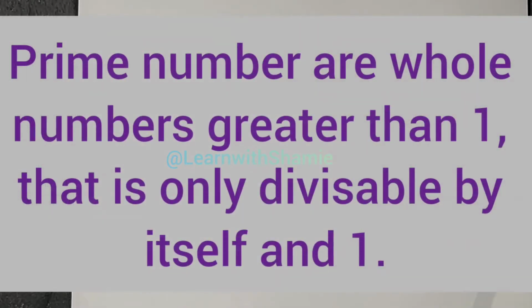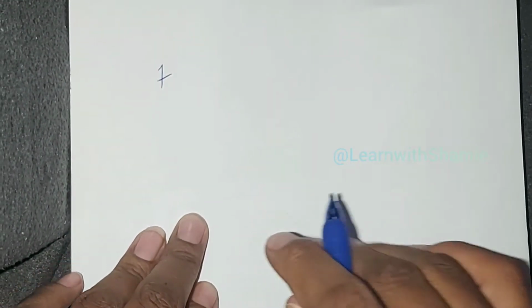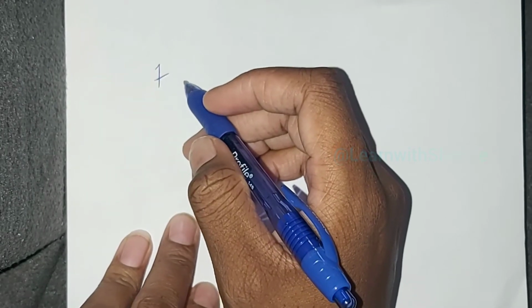Prime numbers are all numbers greater than 1 that are only divisible by itself and 1. So for example, 7 would be considered as a prime number because it can only be divided by itself and 1 without leaving a remainder.